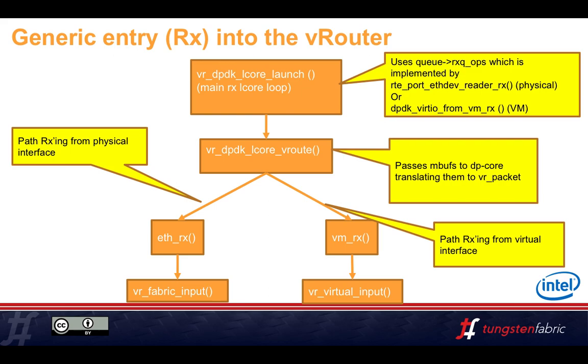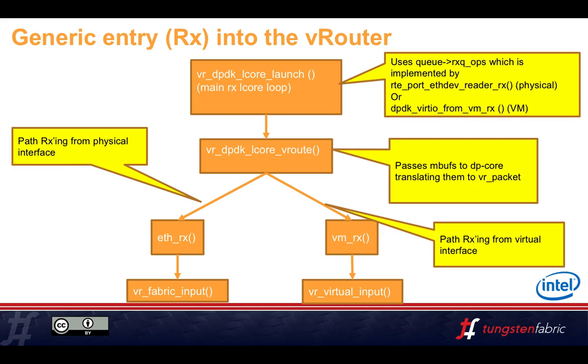So at that point, the DPDK mbuffs, the buffers that contain the actual packet and the metadata, are translated into VR packet, which is an encapsulation that includes the mbuff and other metadata which are required for the vRouter.